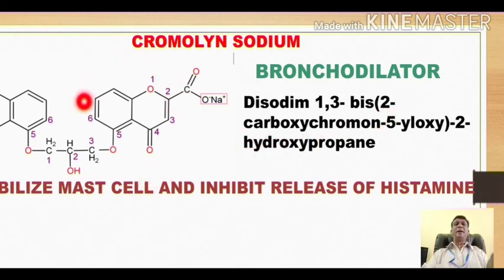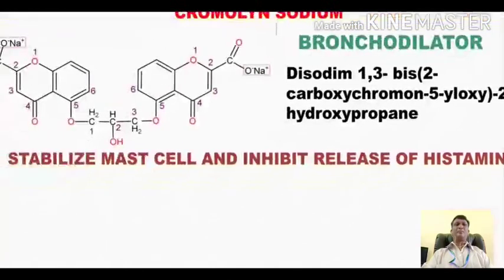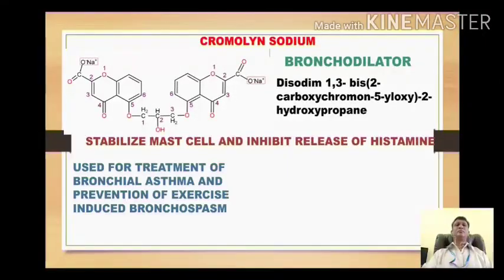The heterocyclic nucleus present is called chromone, which is attached with oxygen at position number 5, so we will call it 5-oxy, followed by the name of the parent chain, 2-hydroxypropane. Dear student, this drug is used for treatment of bronchial asthma and for prevention of exercise-induced bronchospasm.